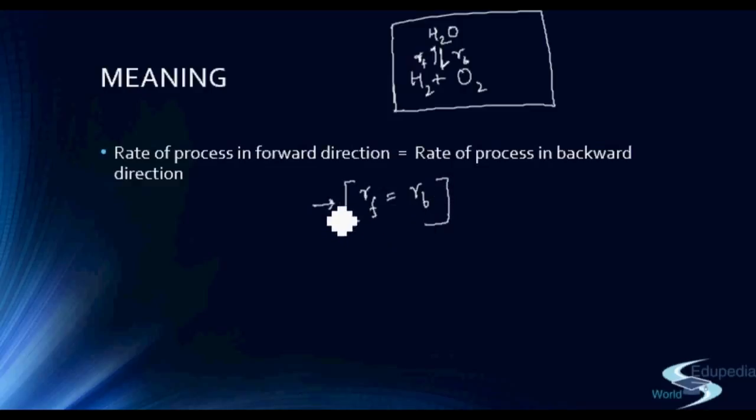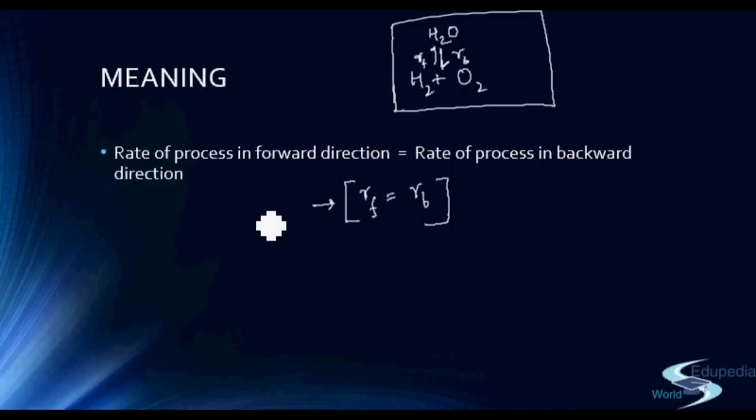Rate is something like the speed with which the reactant is getting consumed, and the rate of backward reaction can be said to be the speed with which the products are getting consumed back to reactant. So that is what we mean here by RF and RB. When these two rates are equal, the situation that is present is called equilibrium. So this is how it is established.